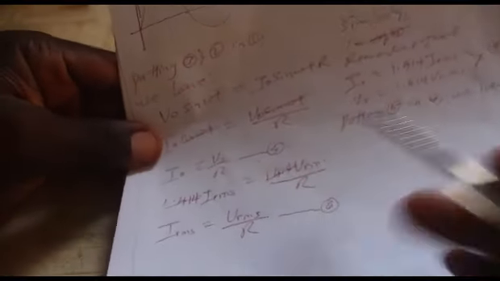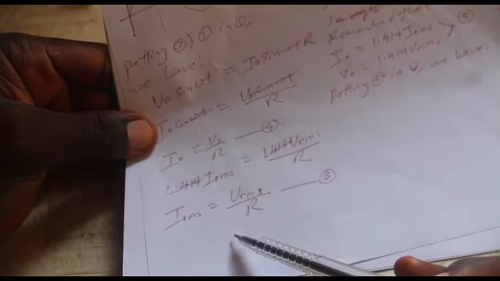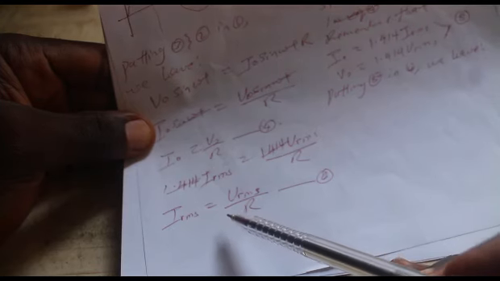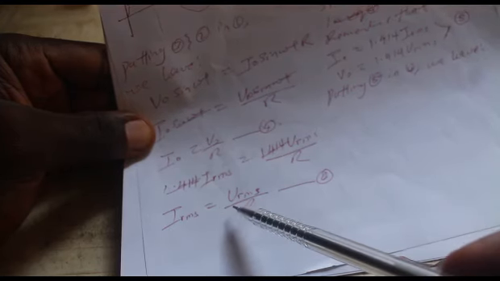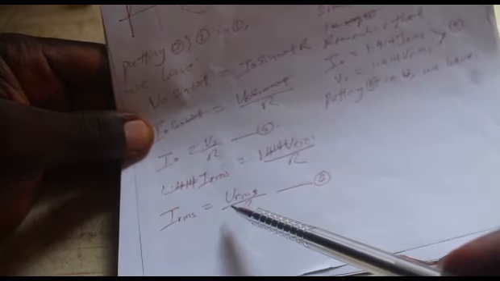Both equation 4 and 6 give the relationship between the current and the voltage in an AC circuit that has only resistors.